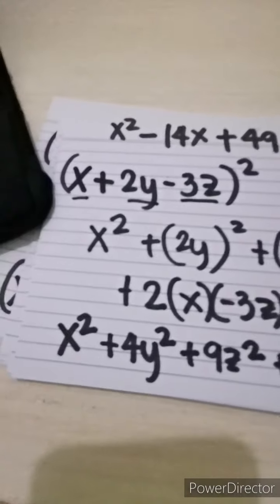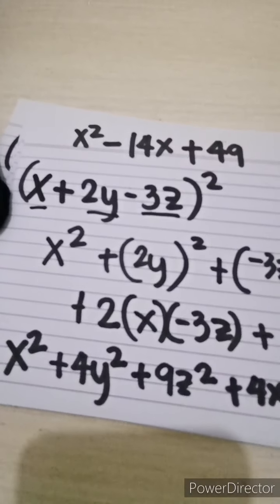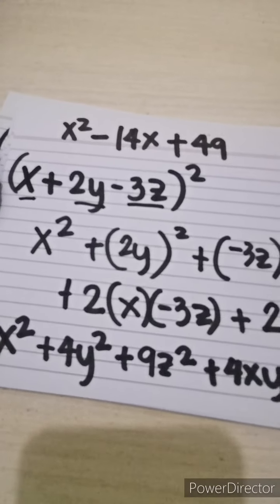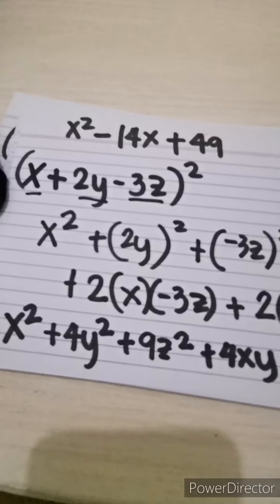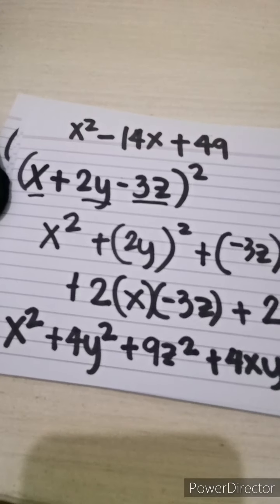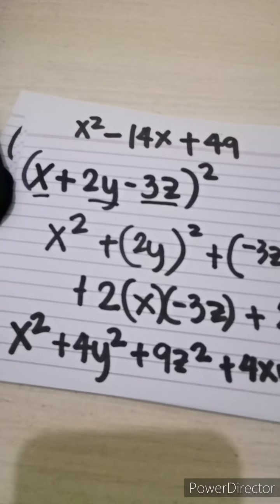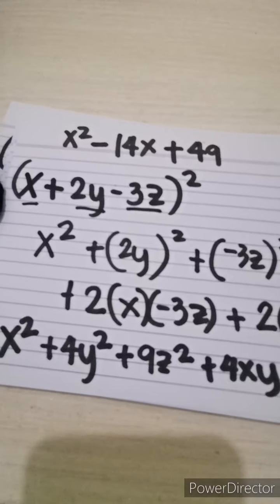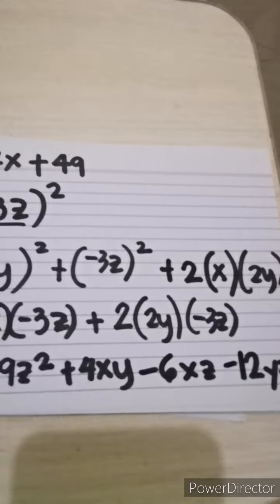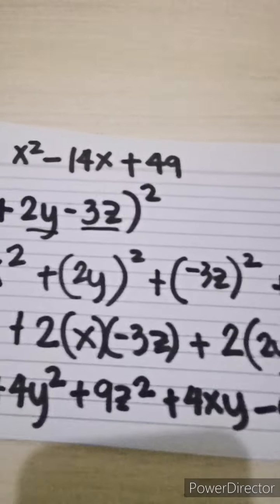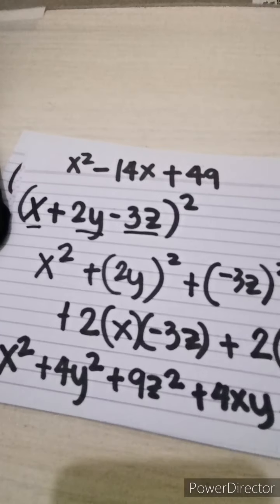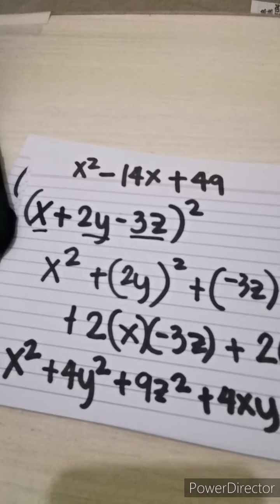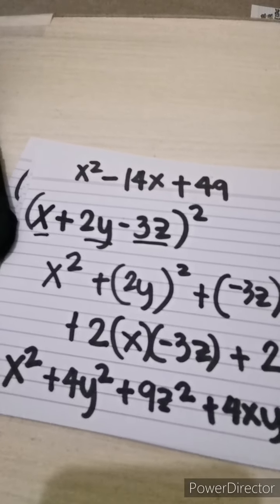Again, umpisahan ko ha, paano nga ba ulit nakuha ang squaring of a trinomial? So, first, ang ginawa natin is square the first, second, and the third terms. So, yun yung x, 2y, and negative 3z. And then, naka-constant yung 2 natin. 2 times the first and the second. The first is x and the second is 2y.